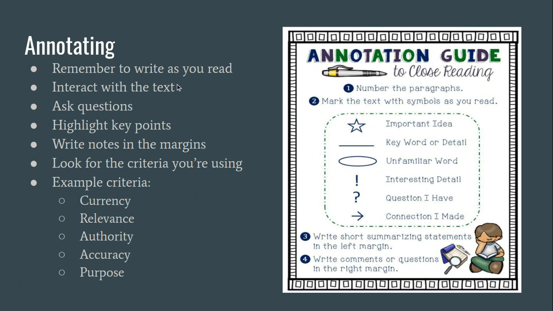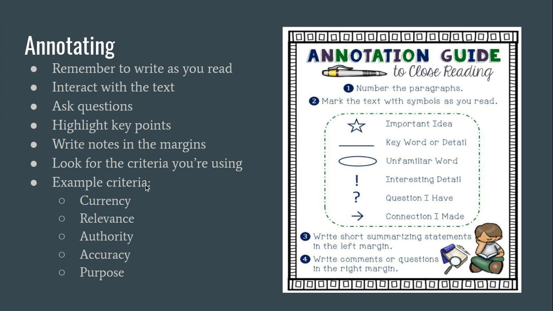The goal here is to interact with the text. You should be asking questions, highlighting key points, writing your notes in the margins or on a separate sheet of paper, and most important for evaluating, look for the criteria that you're using so that by the time you've read through, you're ready to start your evaluation.